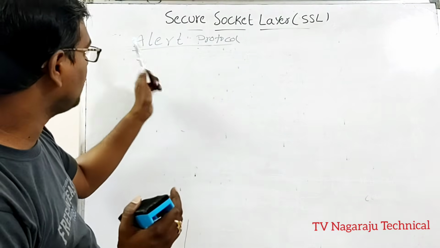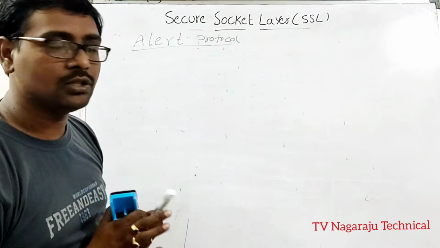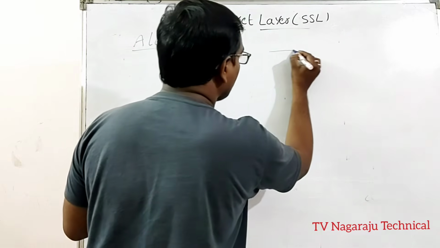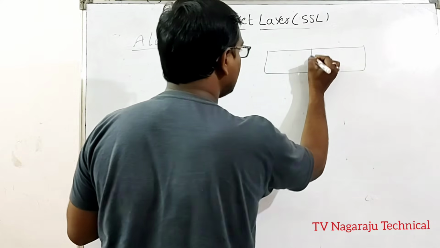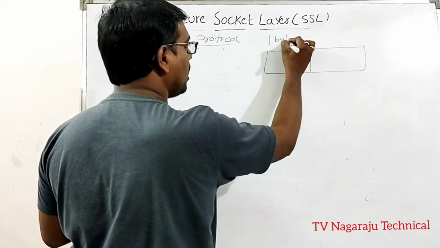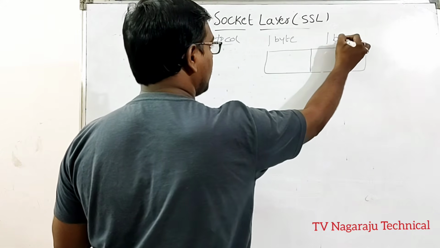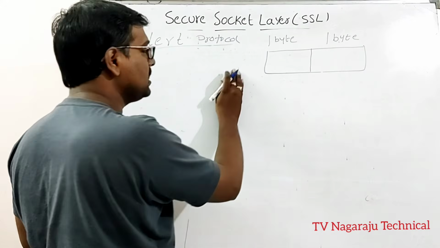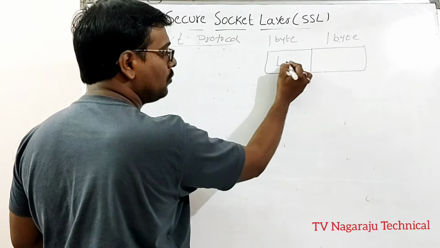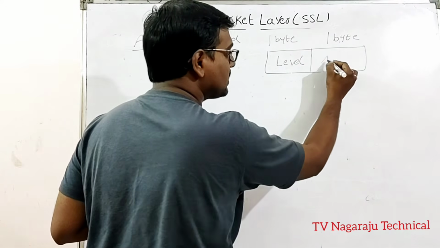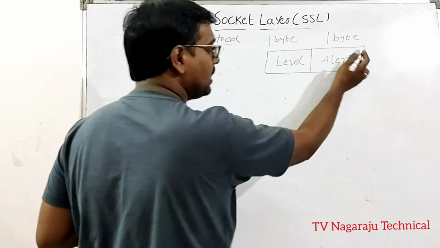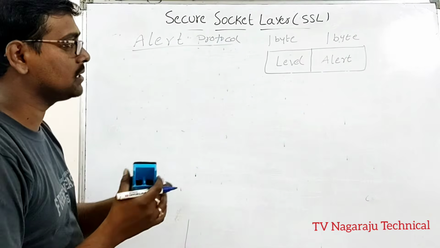Now the alert protocol is divided into two fields, each field of size 1 byte. The first field is represented by the level. The second field is represented by the alert message.